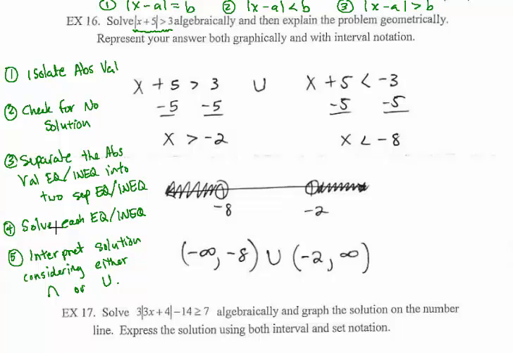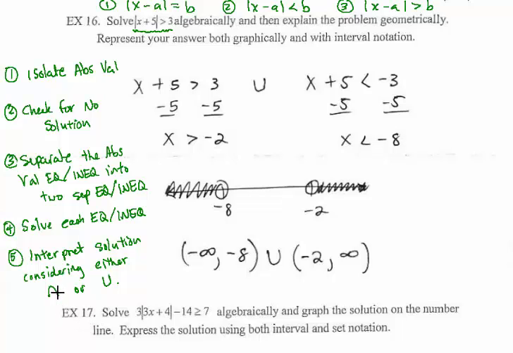If you solved an equation type problem, then you would just have your two solutions and you plot those two numbers or one number on the number line. In terms of an inequality, you either have to interpret it using an intersection or a union symbol.